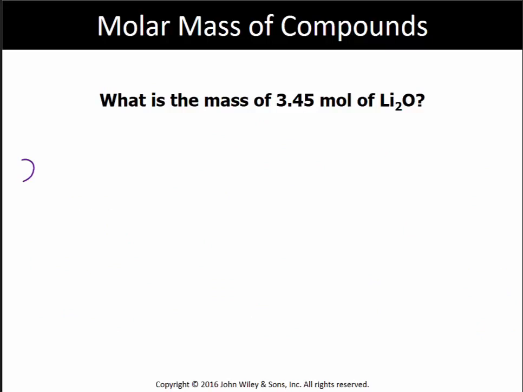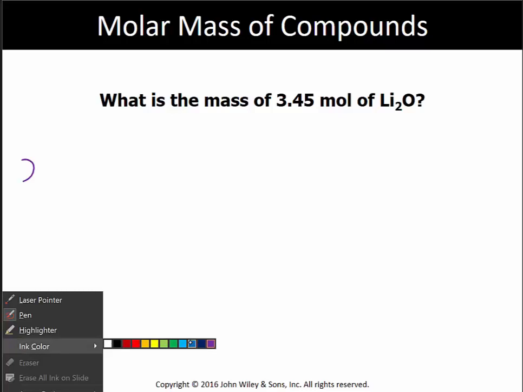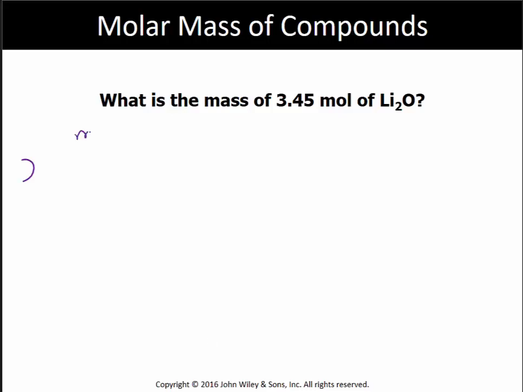What is the mass of 3.45 moles of lithium oxide? So from moles of lithium oxide, we want to find the mass of lithium oxide. So in order to do this, we're going to need the molar mass of lithium oxide.